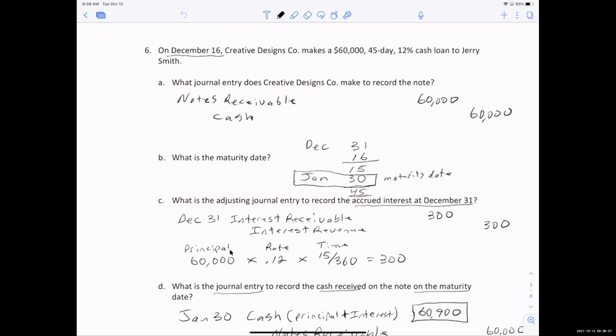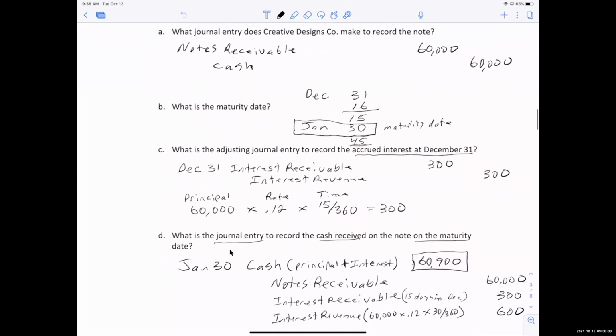And this is how we calculate interest. This is the formula. Principal times rate times time. Okay, the principal is how much you lent them. So in this case, you lent them $60,000. The rate is always the annual rate.